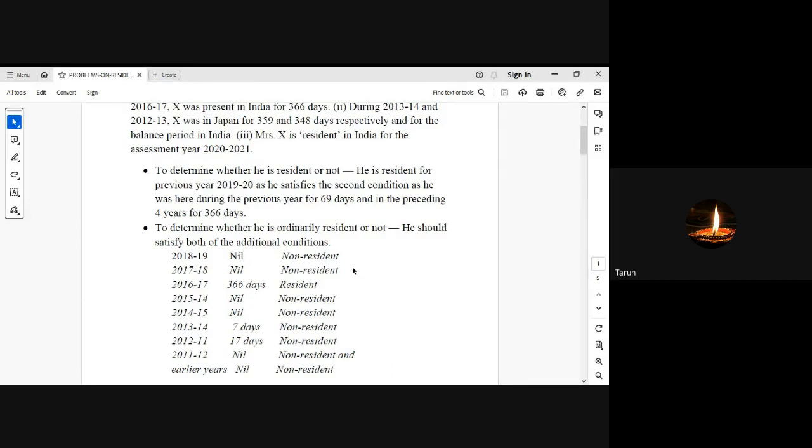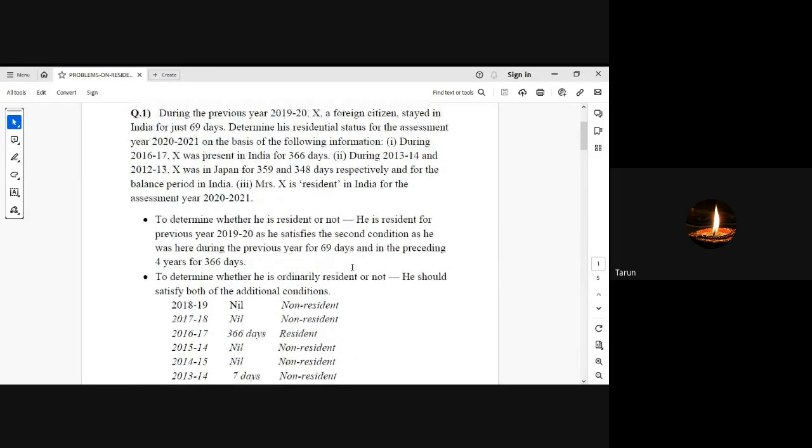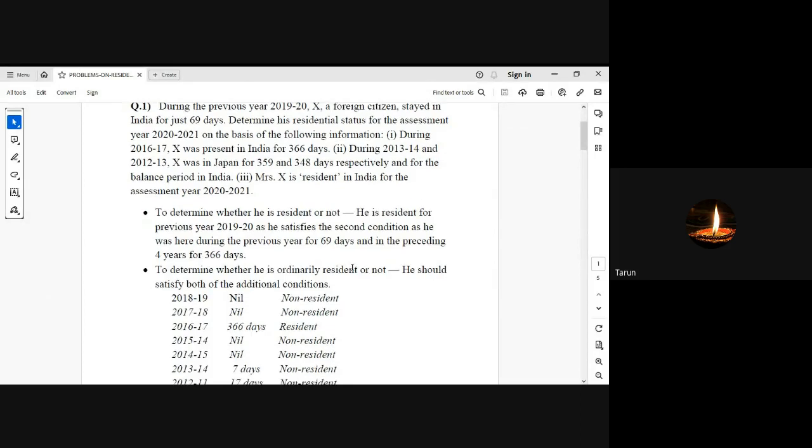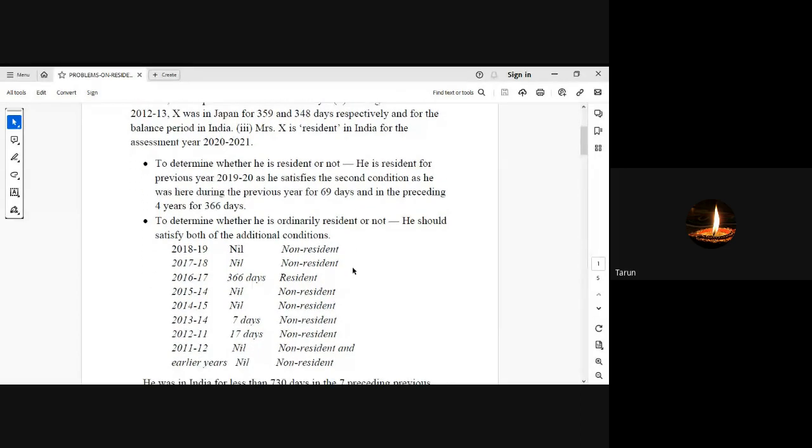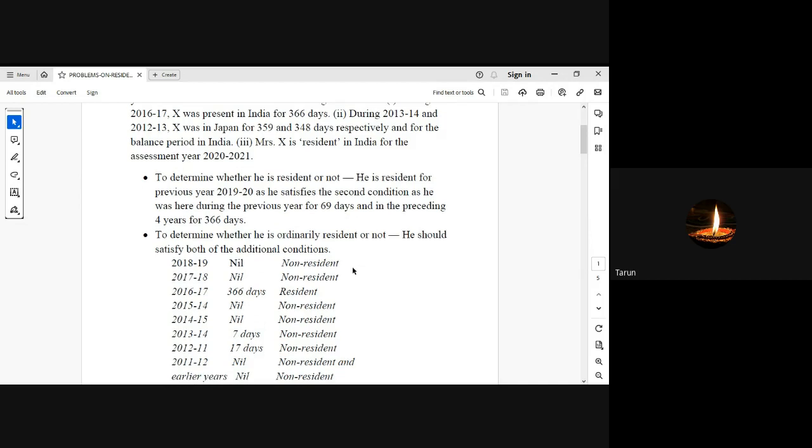When it comes to 2012-13, again he was away for 348 days. So we deduct 348 from 365. So 17 days will be left, and 17 days is not enough to call him a resident of India. As a result, he becomes a non-resident. Then 2011-12.